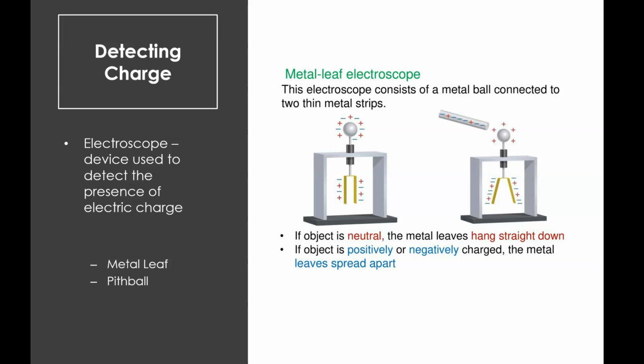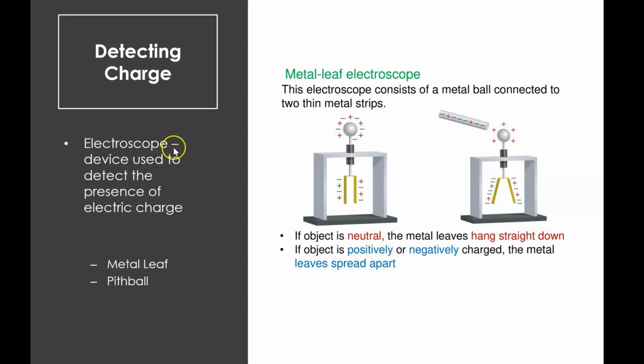So, before we go any further with charging by conduction, I'd like to talk to you about the detection of charge. How do scientists detect charge in the first place? Well, there are many different devices and tools, but the one that we talk about in grade 9 science is what is known as an electroscope.